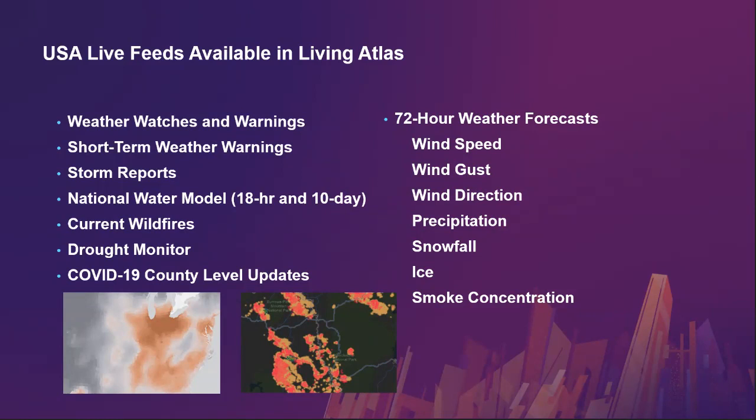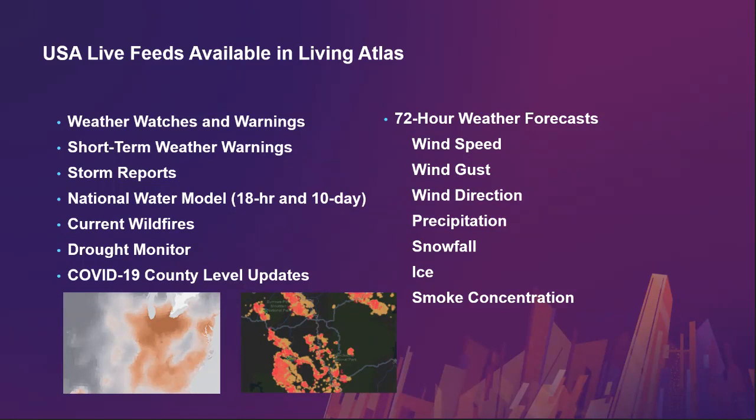We definitely have a lot of content there, and the weather watches and warnings get updated every few minutes. The tornado warnings also get updated quite often. We have storm reports, the National Water Model, which provides 18-hour and 10-day forecasts of where rivers and streams may be flooding. And again, we also have US specific COVID county updates data, which is updated daily.